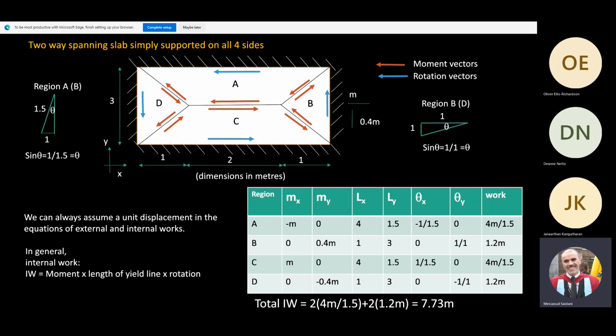Clear? Okay? So you don't need to do it for all of them, you just do it for one region. Any questions on that? Okay? So there is a sort of pattern for the slab.